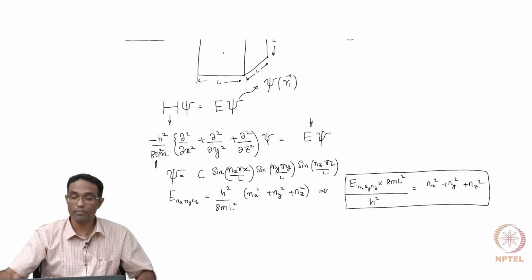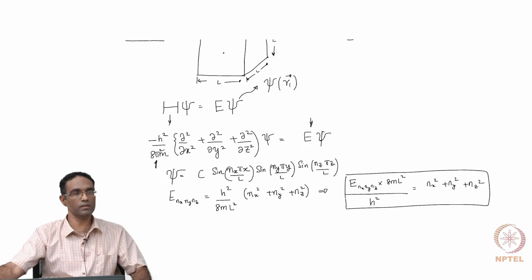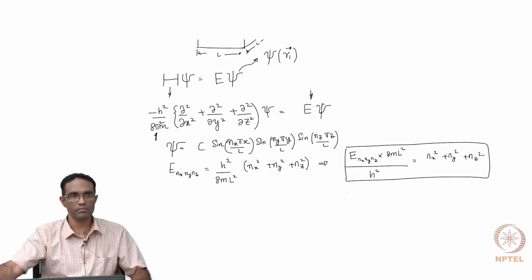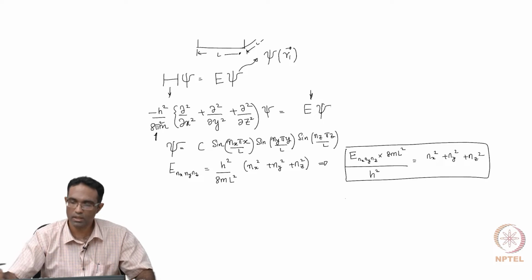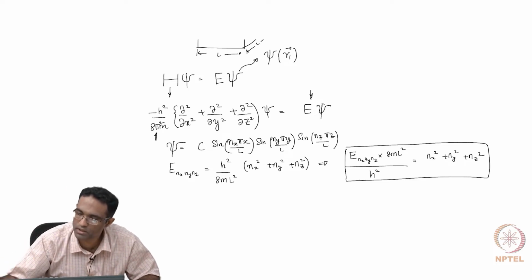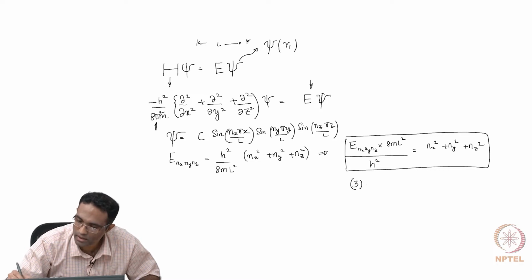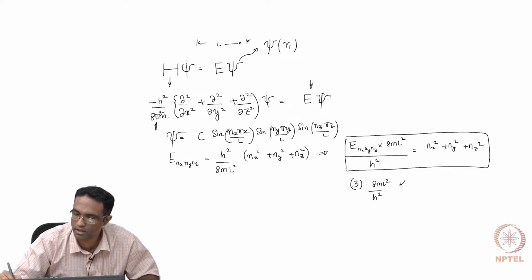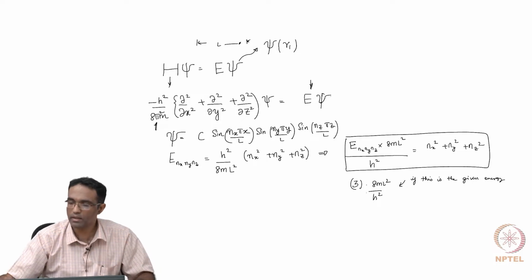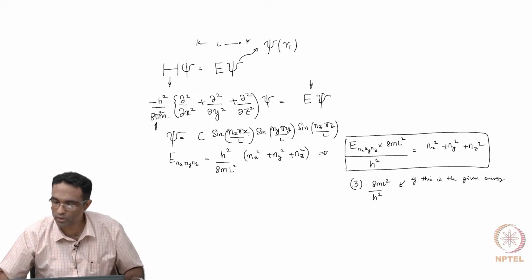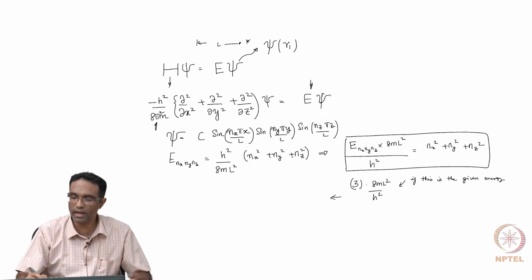times nx square plus ny square plus nz square. So if we are given a certain E star, if we are given a certain energy, say for example the energy is maybe 3 times h square by 8 m L square, if this is a given energy, then what values can nx, ny and nz take?